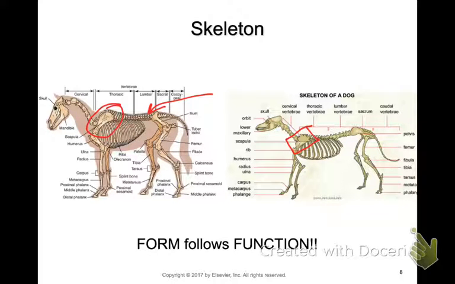There are also some differences in the lower leg. For horses with the heavier weight, all of the little toe bones, or phalanges, that you see in the dog have fused into a single heavier phalanx that bears that weight. So once again, form follows function.